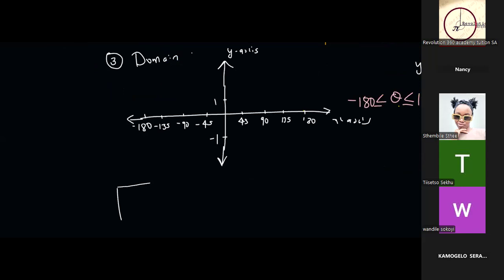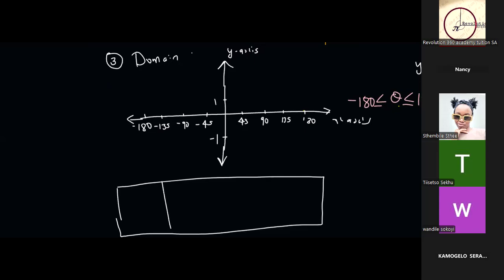With the table of values method, remember, here you're going to have theta as well as another one, which is sine of 3 theta over 2.